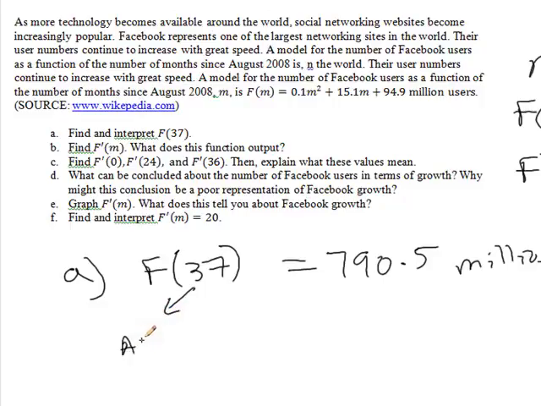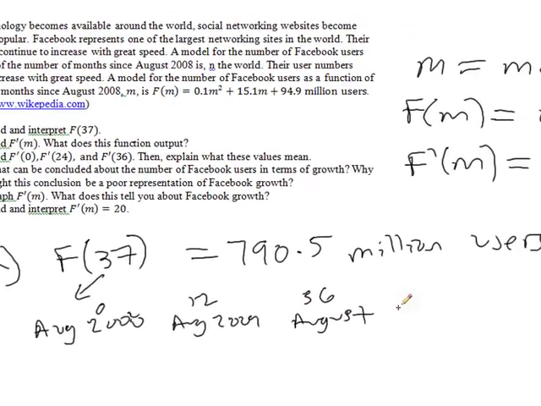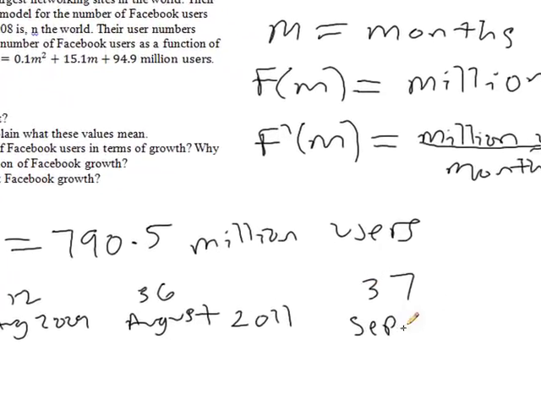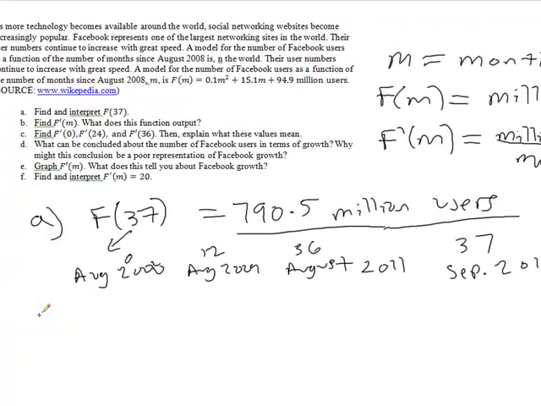August 2008 would be 0, 12 would be August 2009, 36 would be two years later, August 2011, and so that means 37 would be September of 2011. So in September of 2011, this model predicts that there were 790.5 million users.